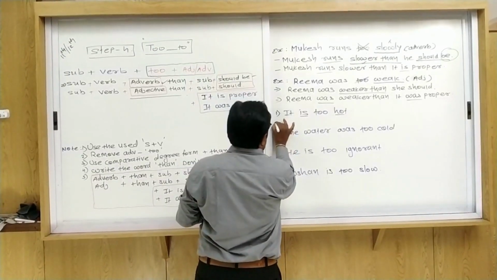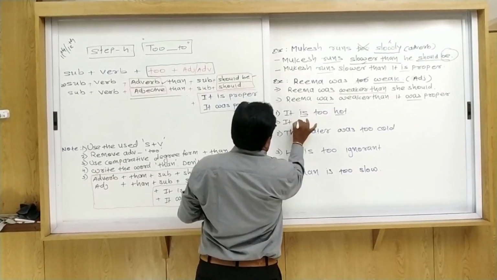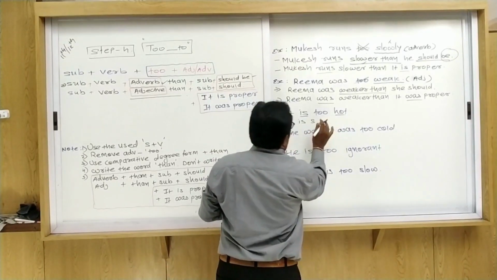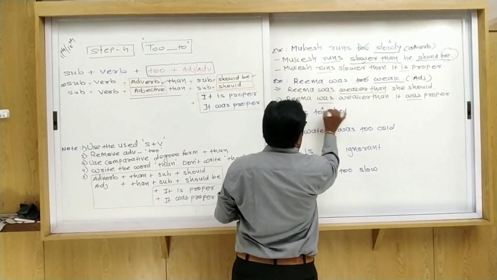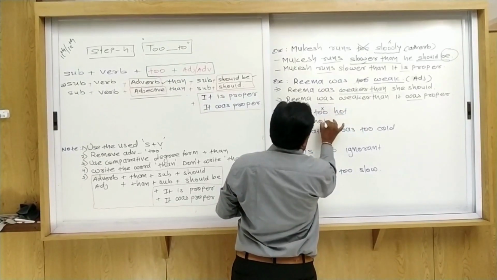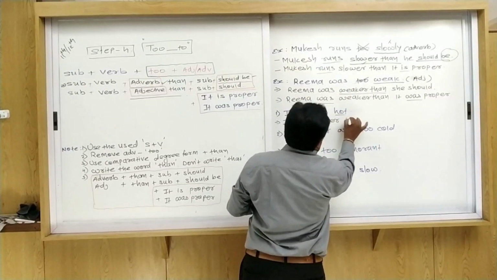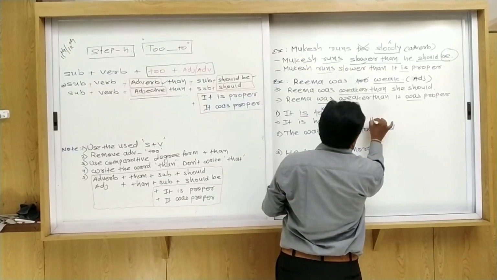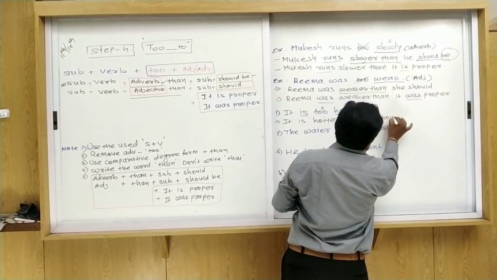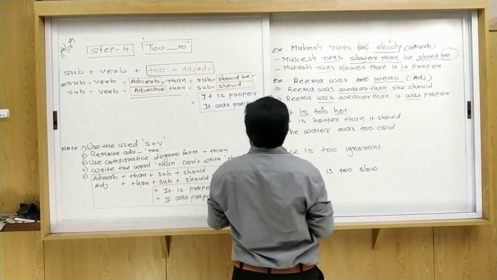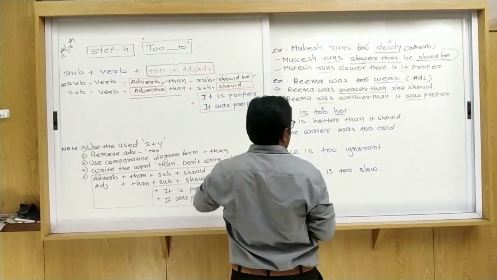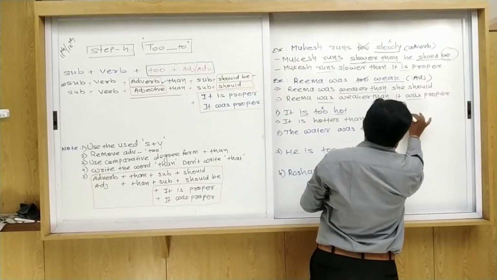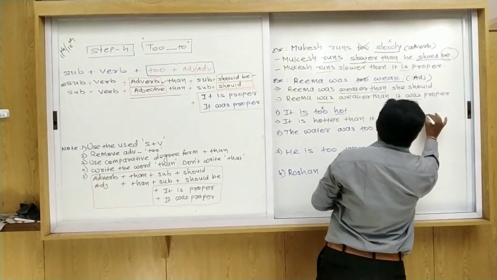Okay, so the answer is: it is, remove "too", hot, hotter than. The subject is "it", so "it should". It is hotter than it should, because the adjective is here. Yeah, it is hotter than it is proper.